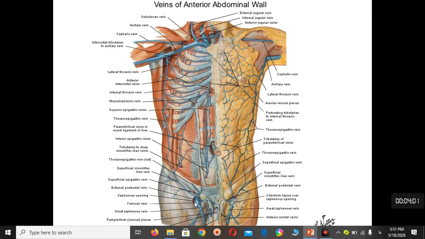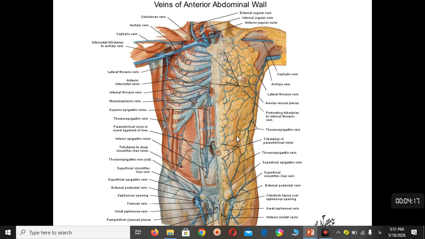When here we have a cluster or closure, the blood goes up by the thoracoepigastric vein and comes to the axillary vein.